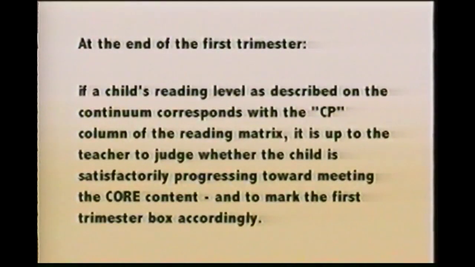If a child's reading level as described on the continuum corresponds with the CP column of the reading matrix, it is up to the teacher to judge whether the child is satisfactorily progressing toward meeting the core content and to mark the first trimester box accordingly.